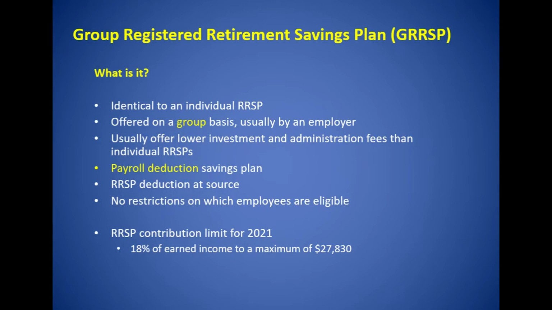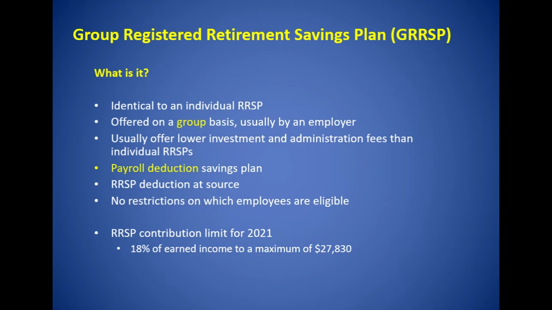So to the employees, it makes sense, if they're going to contribute to an RRSP, to do it through this group RRSP facility. And so the employer says, your RRSP contributions, we will take them out through payroll deductions. So out of each of your pay, when we run it maybe every 2 weeks, we'll take out your contribution and send it off to the investment manager and give you your tax deduction right at source.